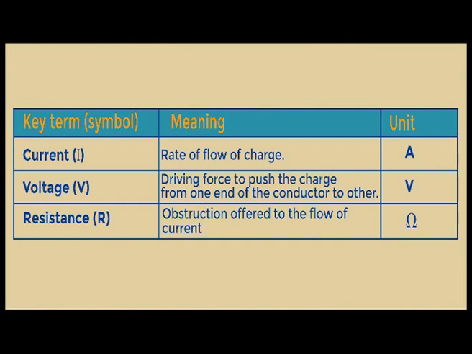The symbol of resistance is simply capital R. And resistance is measured in a unit called ohms, represented by the Greek letter omega. So that is the quick recapitulation of current, resistance, and voltage from your lower classes.